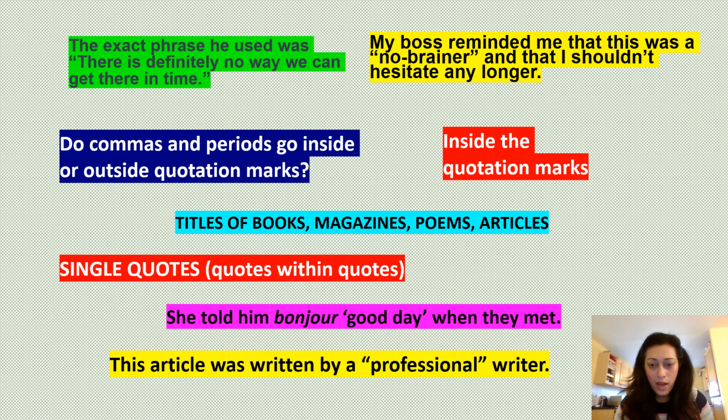So 'good day', I want to emphasize this particular word. That's why I'm using a single quote. This article was written by a 'professional' writer. Well, I forgot to use it. It has to be a single quote here. So highly specialized terms in certain fields can also be written with single quotation marks.